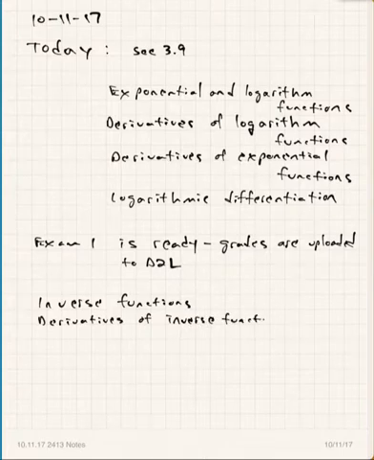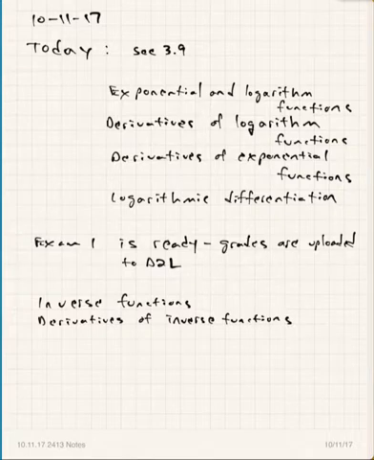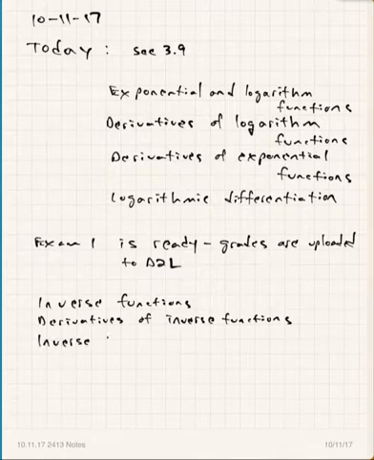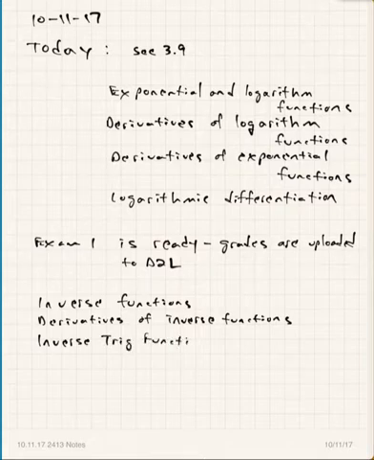And then we started looking at some specific examples of derivatives with inverse functions. We looked at the inverse trig functions and their derivatives. And so we covered that material last time.